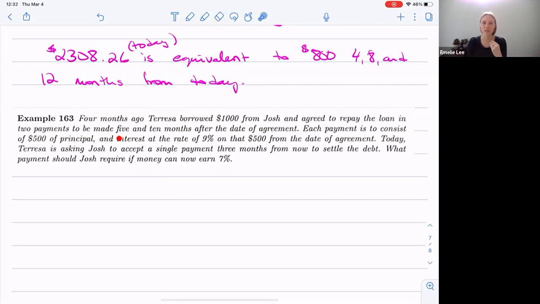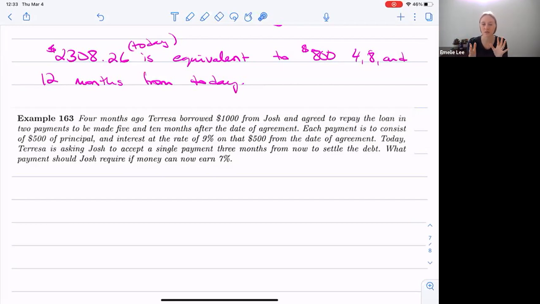Okay, so today is not going to be a date that we're interested in, but it is kind of an anchor date because, okay, 4 months ago, and then from 4 months ago, 5 and 10 months after that.